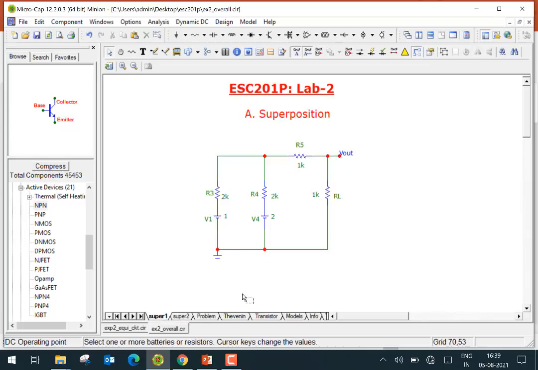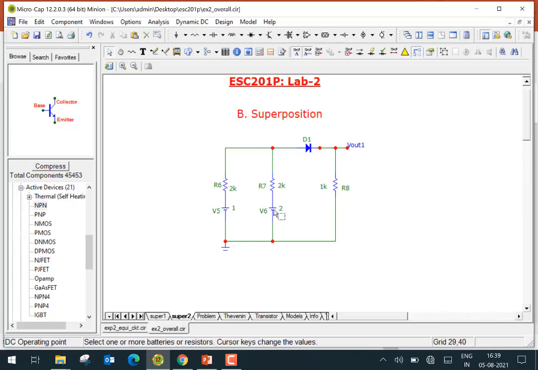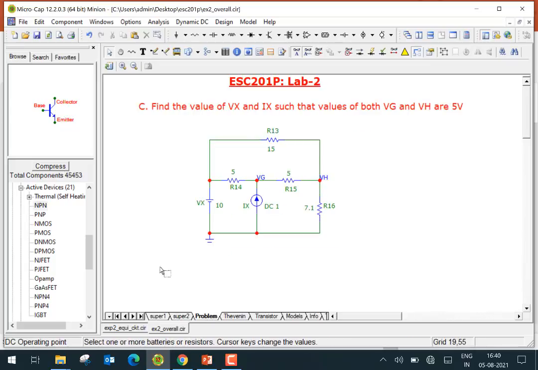Superposition. The first part is very simple. The second part, look at superposition with a diode being there, for two different values of voltage, 1 and 2 here, and 10 and 20 here. The third part is to find a systematic method of determining the change required in Vx and Ix to force these values to 5 volt.